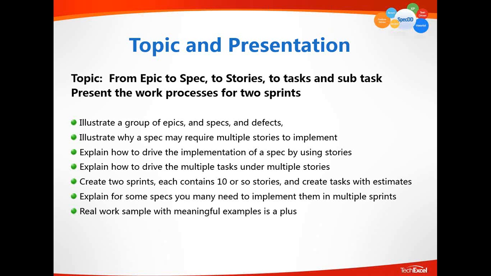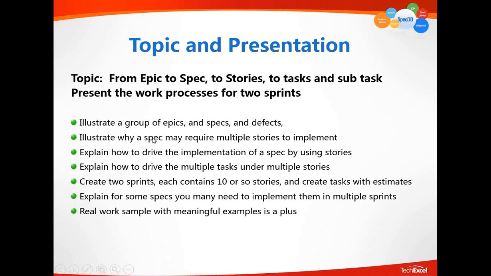How would you, using this model I just described, create 2 sprints and assign such requirements as stories into Sprint 1 and Sprint 2? I would like you to create 2 sprints.